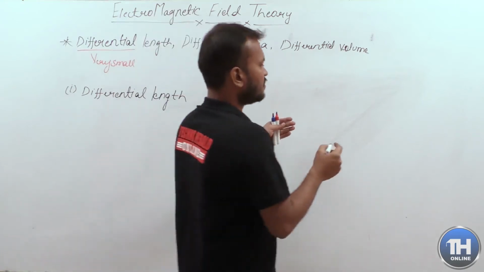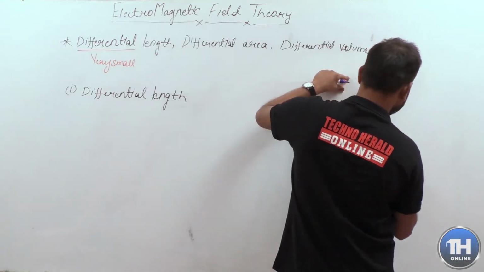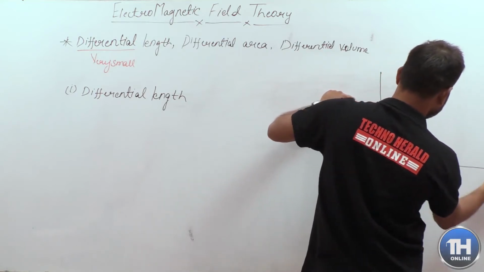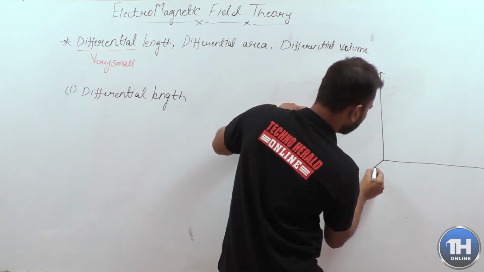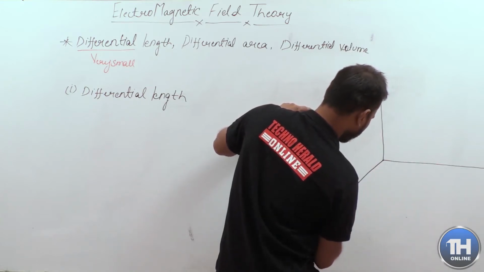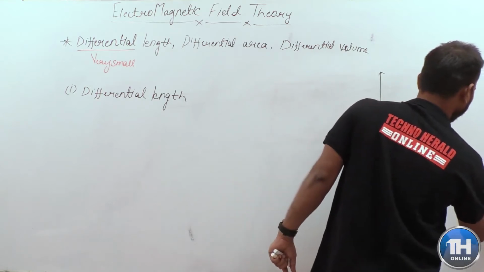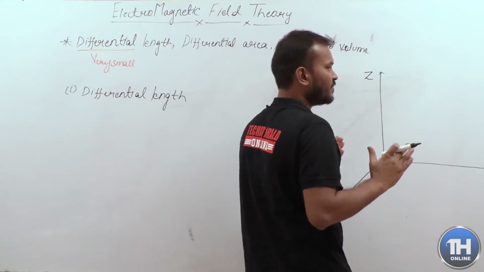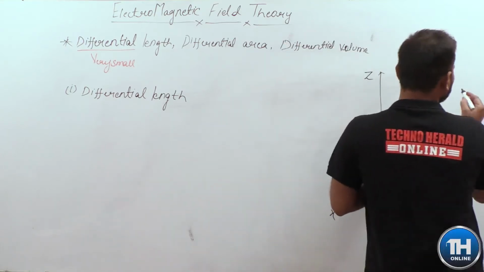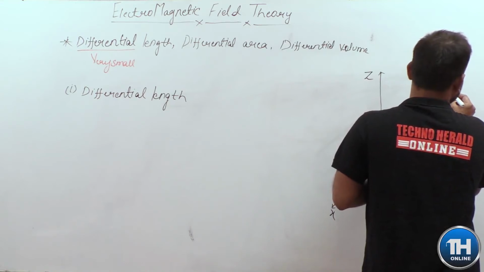So let's draw the axes first in Cartesian coordinates. X axis, Y axis and Z axis. All the three axes are mutually perpendicular to each other. Let's take a small cube here.